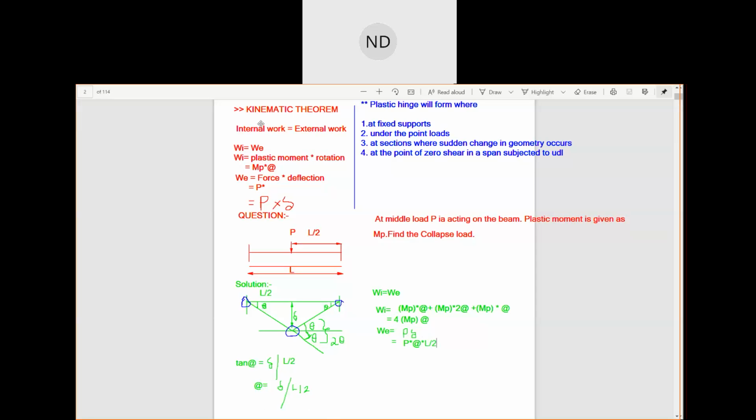Now, according to the kinematic theorem, internal work done is equal to external work done.